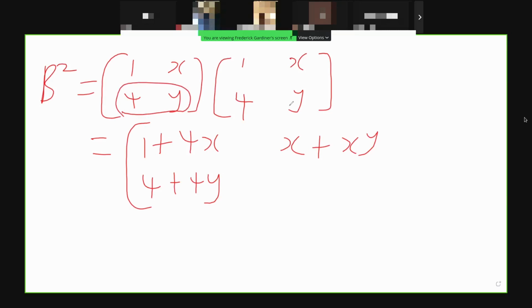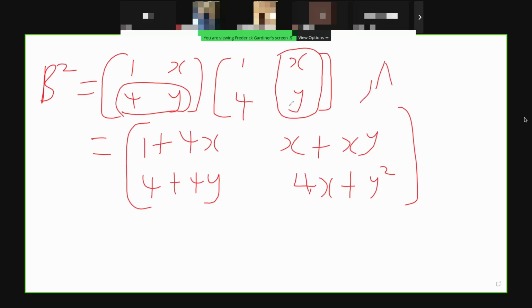Second row, taking on the first column: 4 times 1, 4, plus y times 4, 4y. So it takes the second column as well. 4 times x, we get 4x, plus y squared. Yes. Okay, so that's okay.